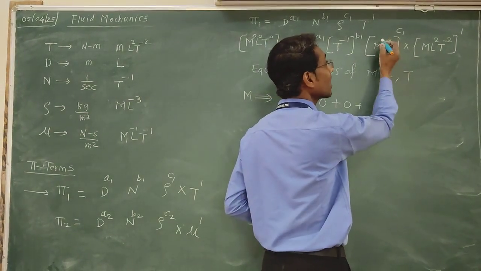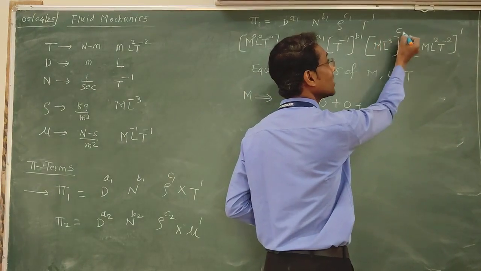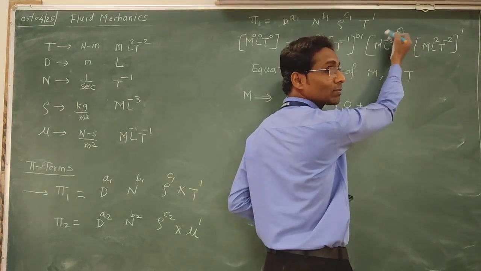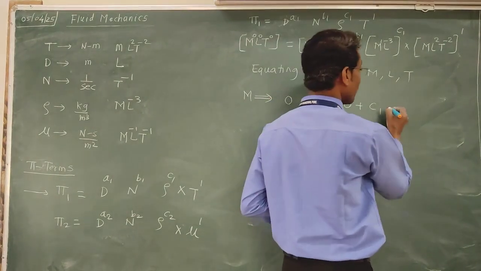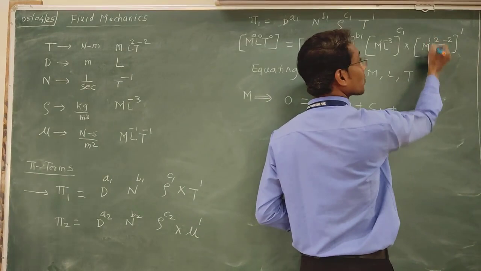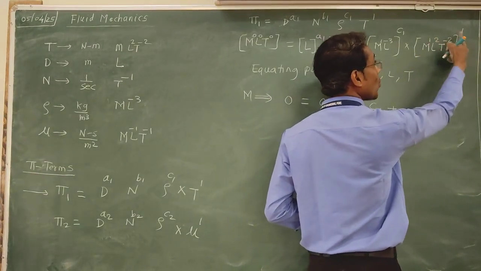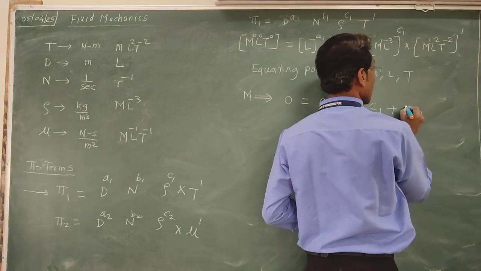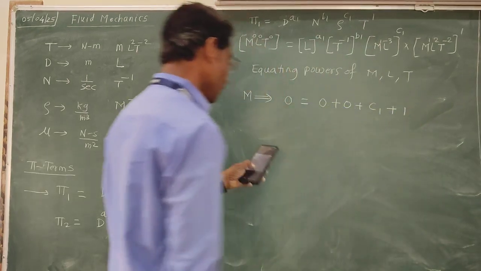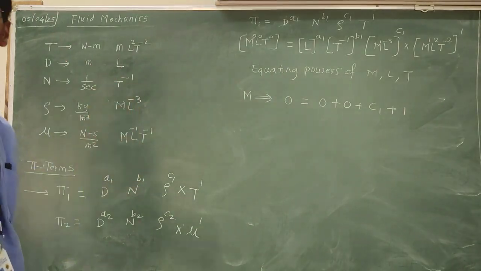We take this 1 and C1 product, so it will come C1. Plus here exponent 1 into 1, the product of both exponents is 1. So in this way we get one equation.